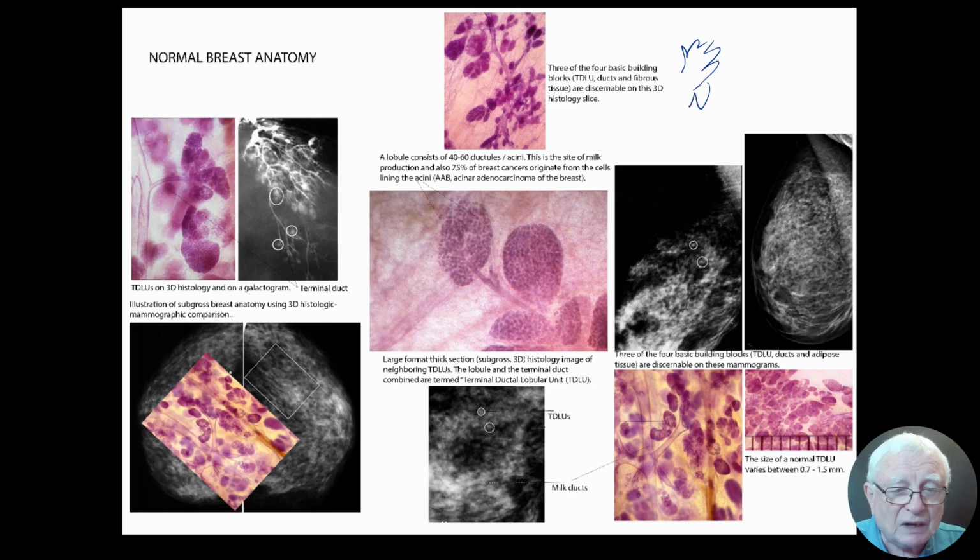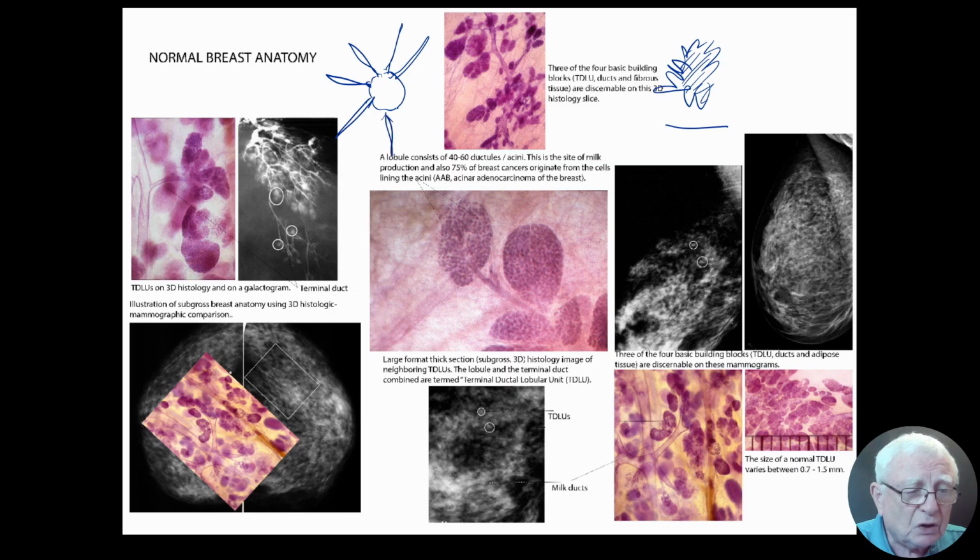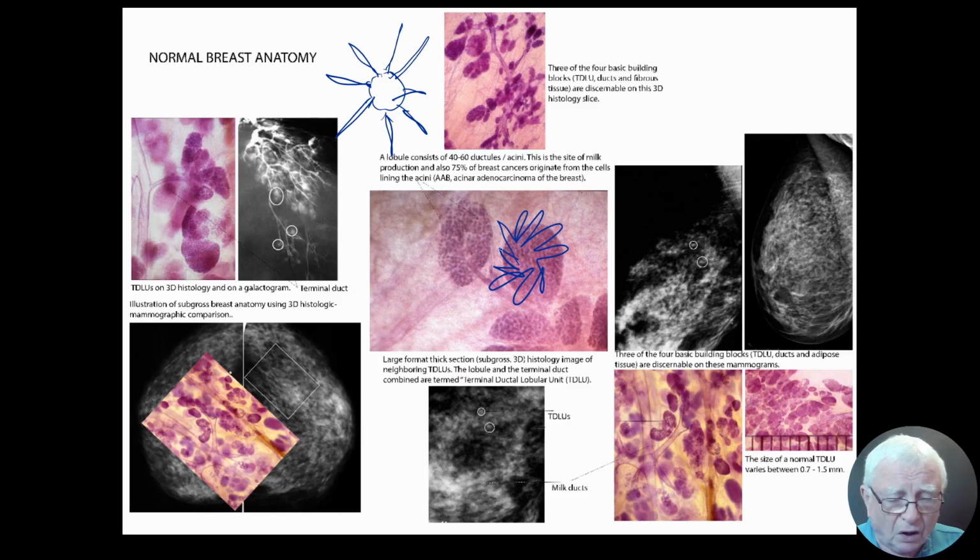When you see a stellate lesion, non-palpable 10 millimeter, central tumor mass, straight speculations. Unfortunately, the colleagues, the pathologists, call it invasive ductal carcinoma. But if it originates from here, this is not a duct. So the term invasive ductal carcinoma is a misnomer.